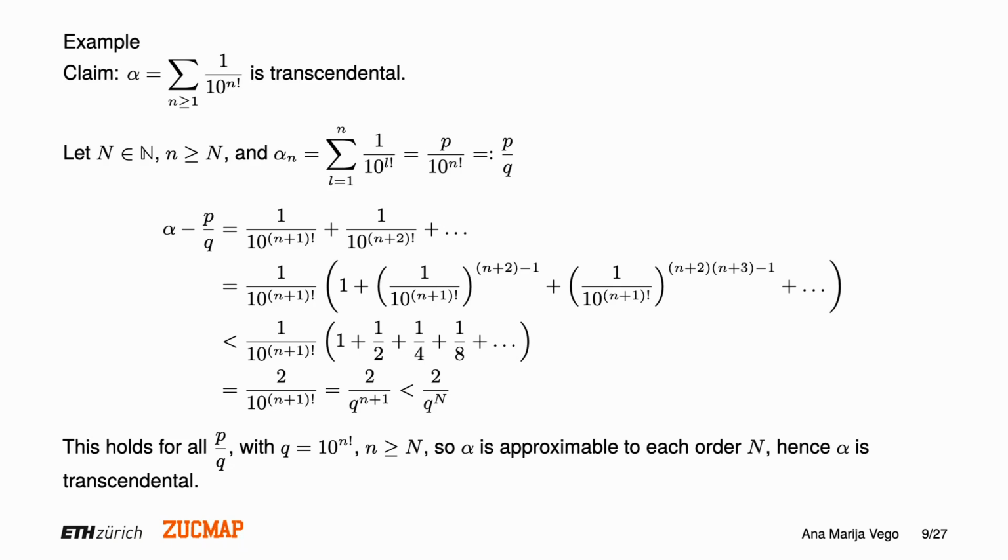What we found is infinitely many of these fractions, which we can define really easily by those partial sums, such that this difference is nicely bounded. And that was exactly what it means to be approximable to order n. And since it's approximable to every order n, alpha is transcendental.